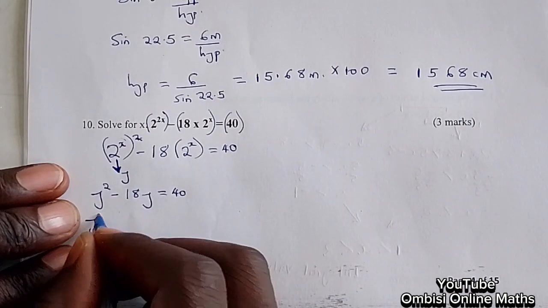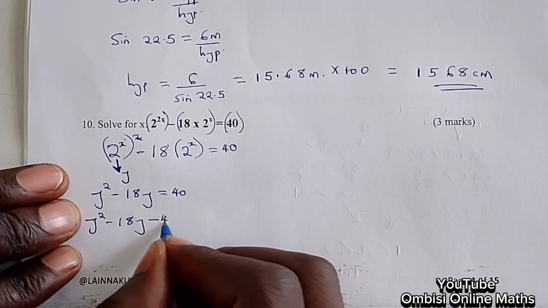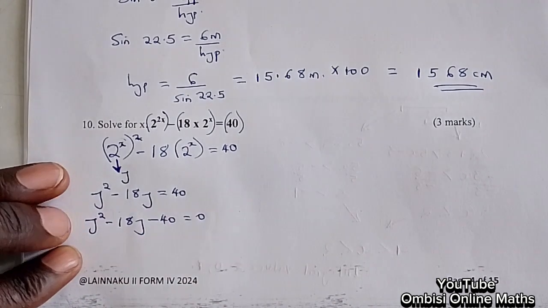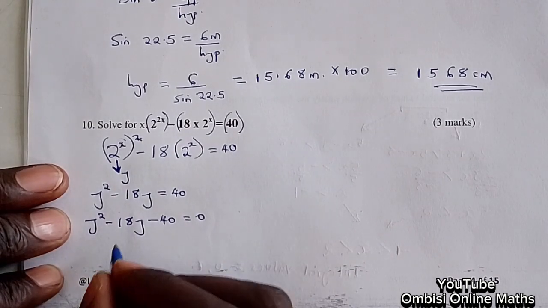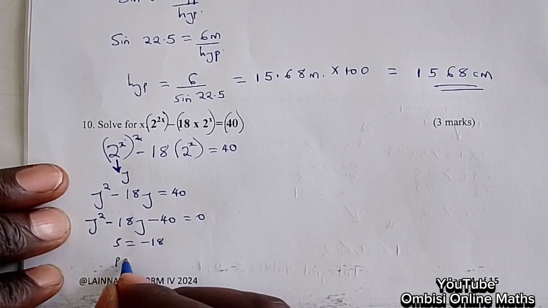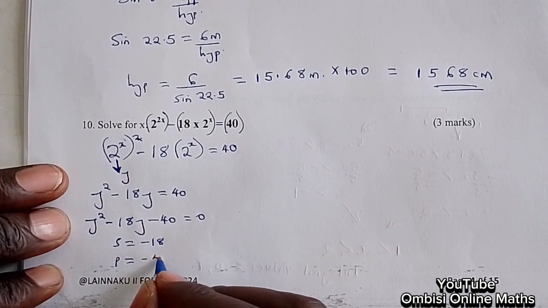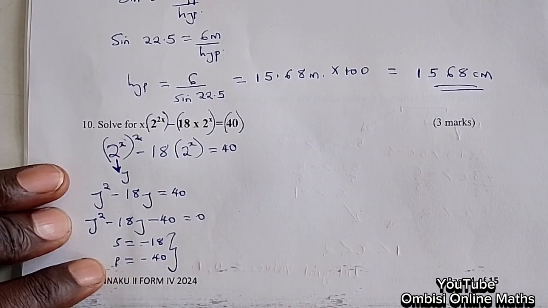It means that y squared minus 18y minus 40 equals 0. So this one is basically a quadratic equation whereby the sum is negative 18 and the product is negative 40. So we need two numbers that if you add you get negative 18, if you multiply you get negative 40.